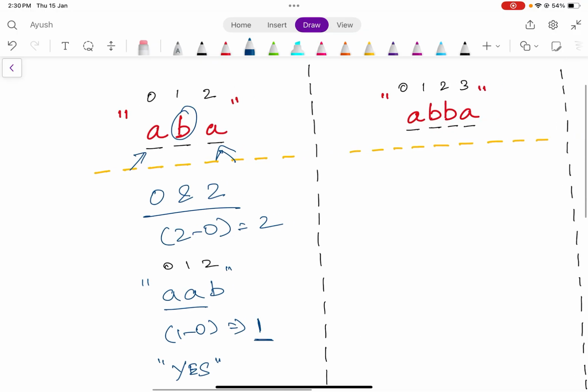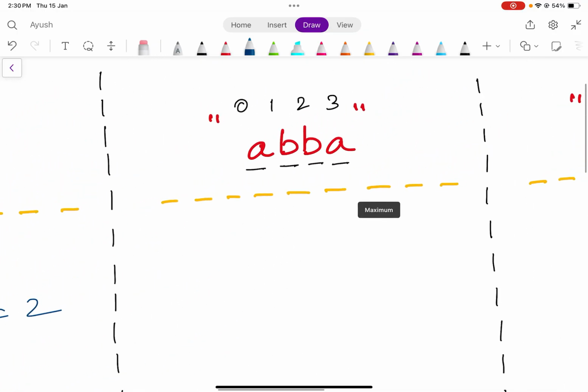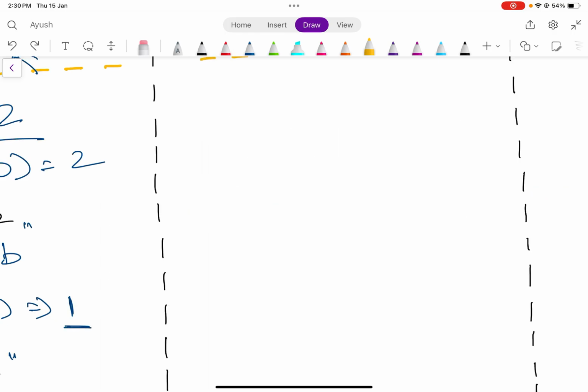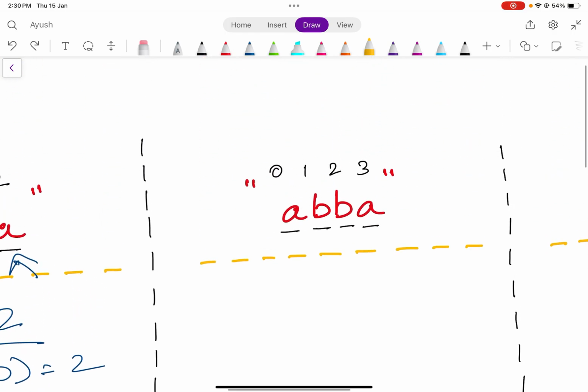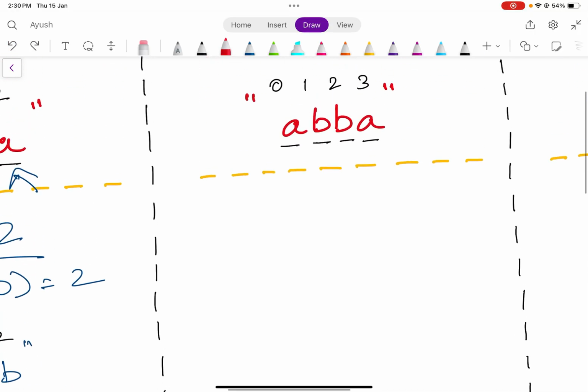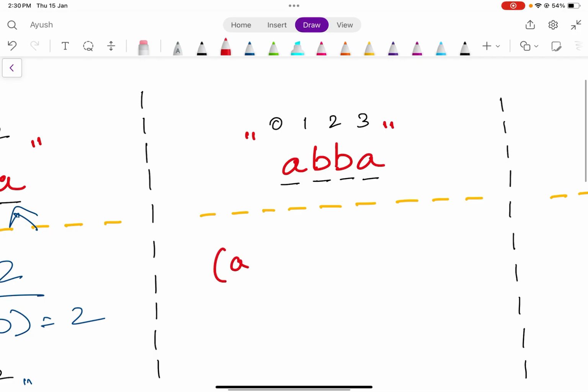We'll move on to the next test case. Here there are 4 letters, A, B, B, A, and there are two pairs of equal characters. One is A and A at indices 0 and 3.